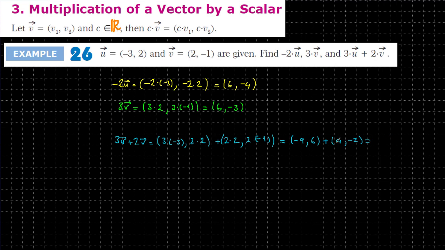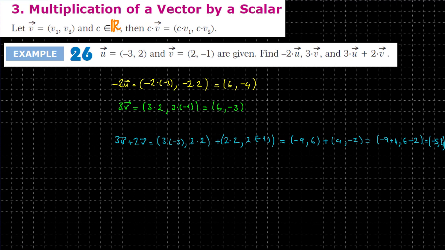When you add them, minus 9 plus 4, I can skip this, but I wanted to show it for the first time, and 6 minus 2, the answer is minus 5 and 4.